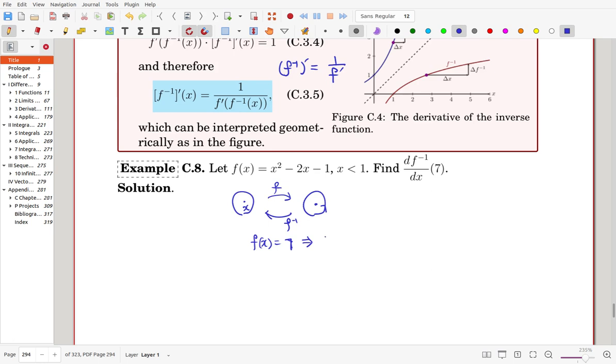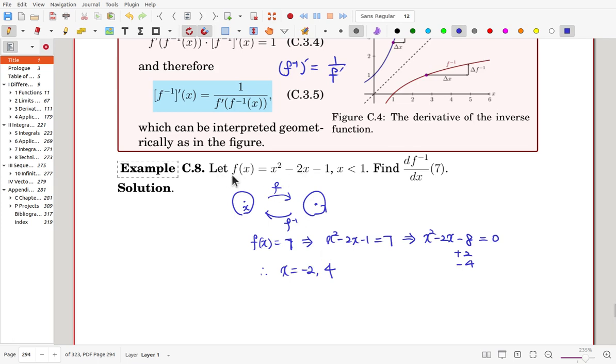So f of x is x squared minus 2x minus 1. That is 7. That means that here x squared minus 2x minus 8 equals 0. And factor it with minus and plus. That means that here now x is minus 2 and 4.